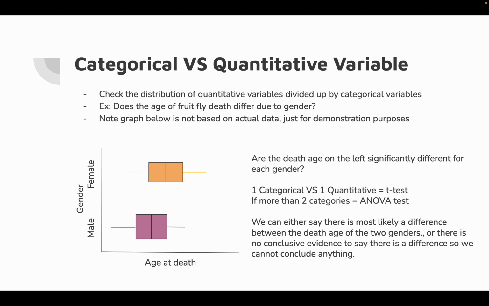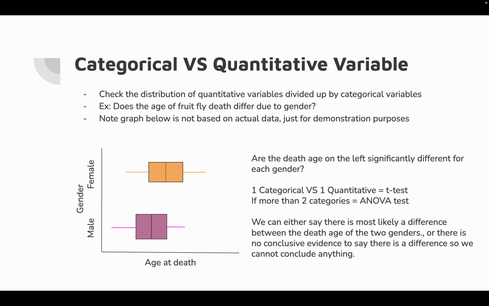In other words, if we had a female fruit fly, is the average age of death going to be different from that if it was a male fruit fly? With this t-test or ANOVA test, we can either say there's most likely a difference between the death age of the two genders, or there's no conclusive evidence to say that there is a difference, so we cannot conclude anything.